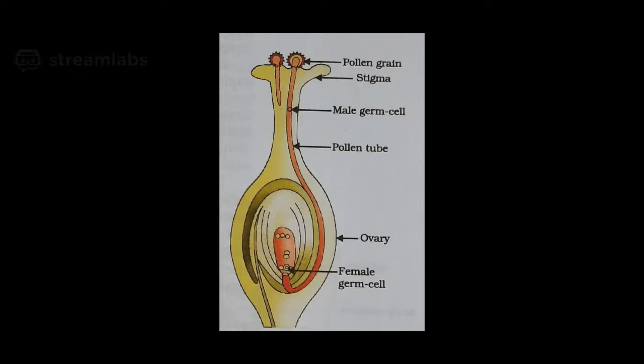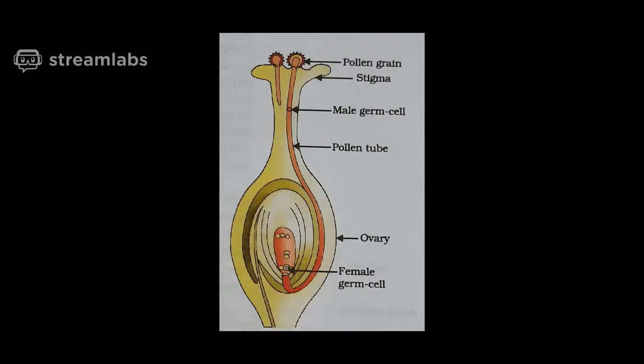That means the fruit is the edible part. We human beings and animals consume the fruit. And the seed, very important, helps in replication of the plants by the sexual mode of reproduction.